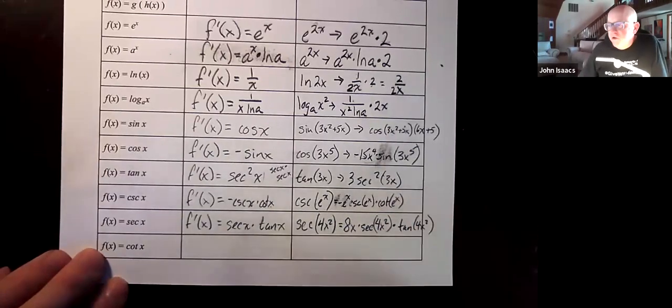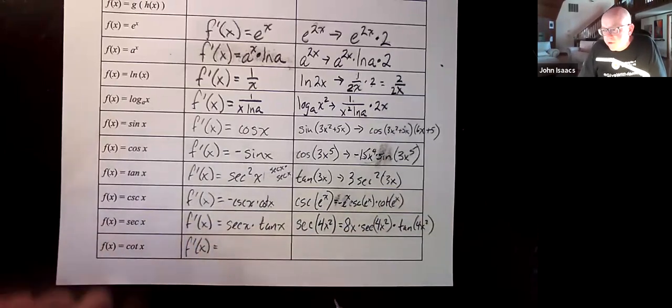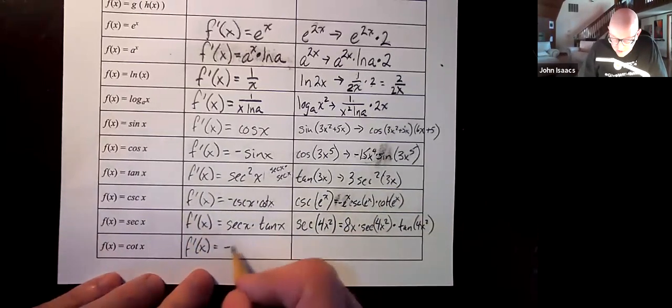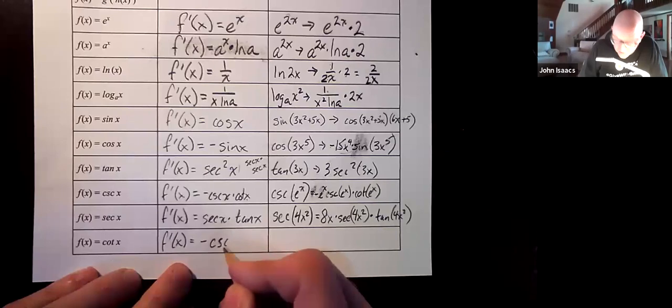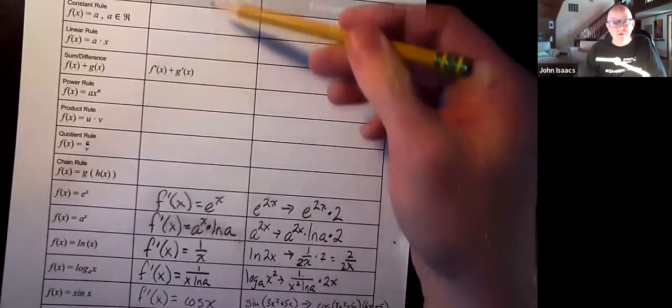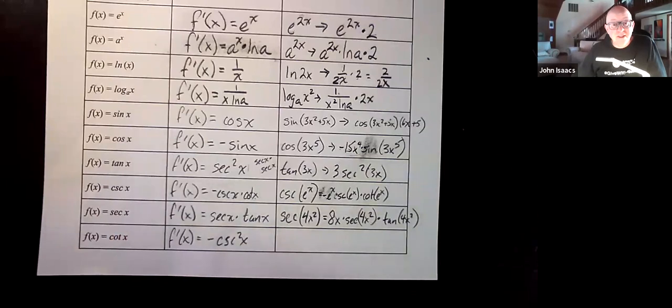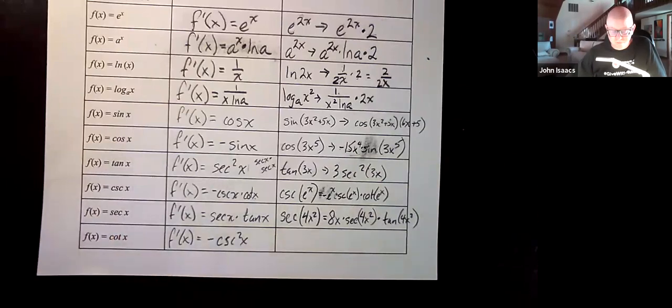And then cotangent is the last one we're going to do, and then we'll do some examples from the actual chapter. The derivative of cotangent becomes negative cosecant squared x. The thing to remember about all of this stuff is that it all comes from the difference quotient, the instantaneous rate of change we were doing, where this function is cotangent of x plus h minus cotangent of x, all divided by h, as h goes to 0.